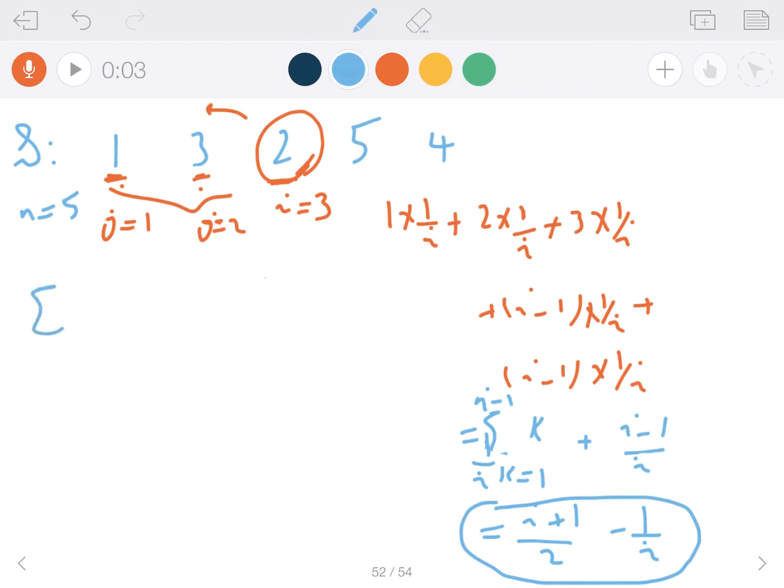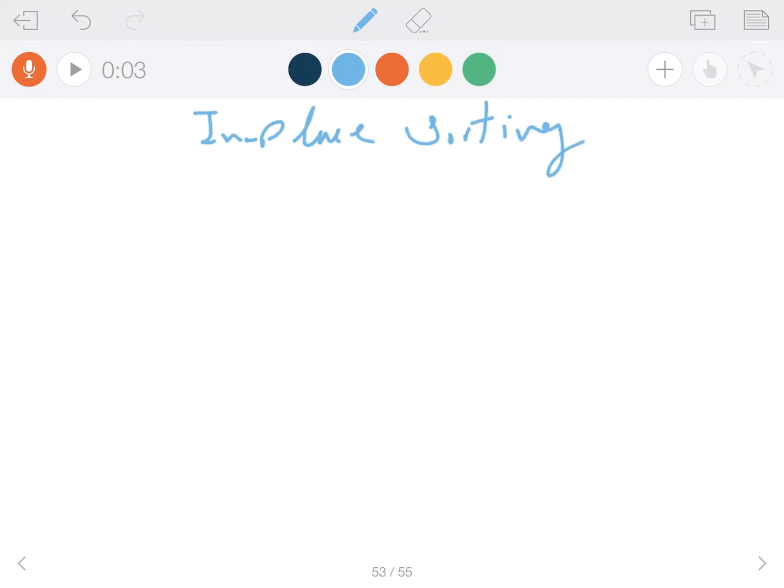Our solution is the sigma of I equal to 2 to n of I plus 1 divided by 2 minus 1 divided by I. And if you do the math, you're going to see this value is going to be n squared divided by 4.